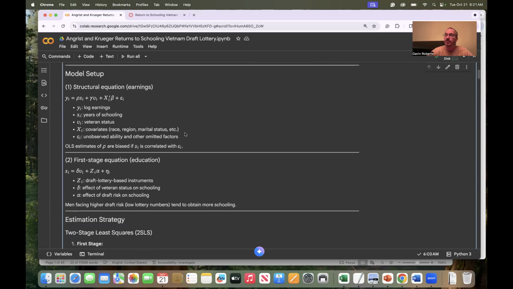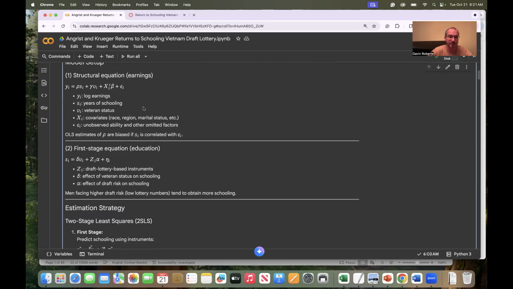So the structural equation, that means, when we're doing a system of equations, one way to refer to those is as the structural equation. This is fundamentally the equation that the goal is to estimate. So earnings as a function of years of schooling, S_i, and of veteran status, because they propose specifically in the paper that maybe veteran status impacts earnings too, and that would be an issue.